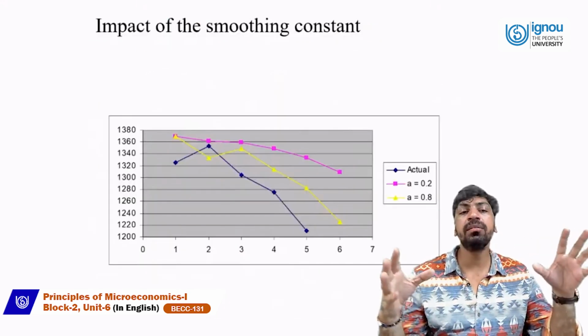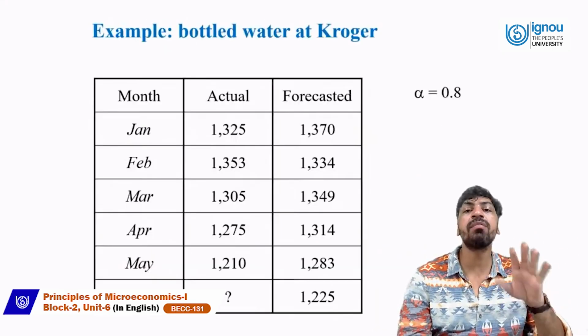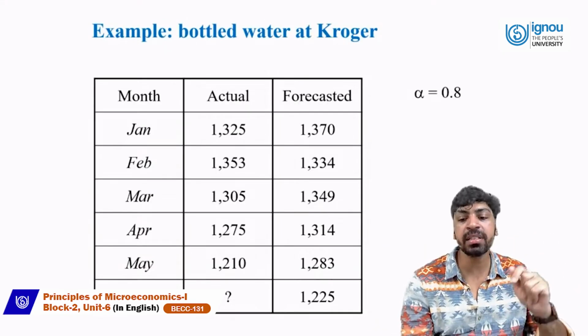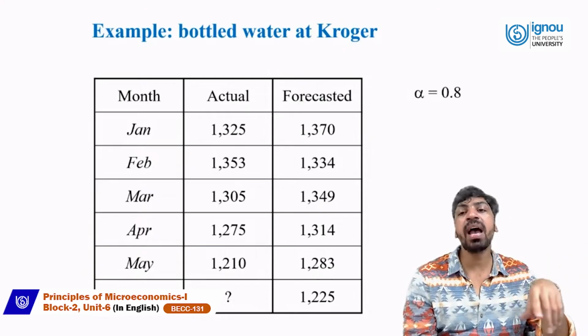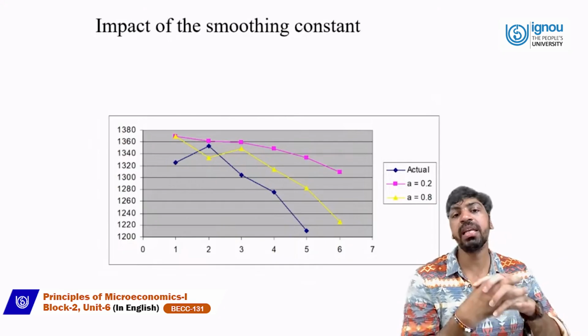This is the graphical representation of the actual and forecasted values with reference to alpha value 0.2 and alpha value 0.8, which has been shown in the diagram.